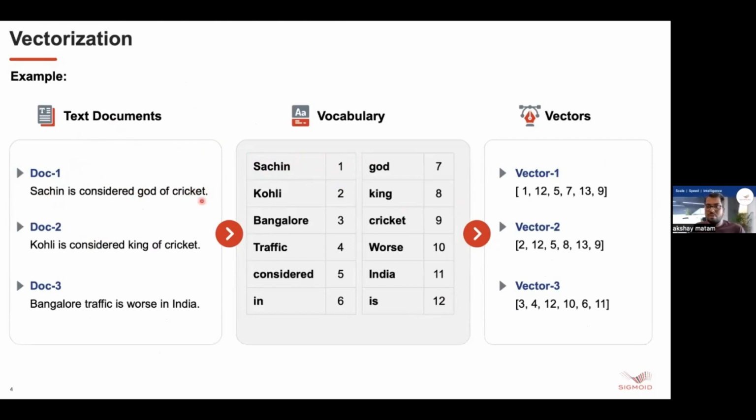If you observe here, like Sachin is considered god of cricket, we have taken three documents and created a vocabulary out of it, similar to a dictionary, and assigned each keyword a number and represented the sentence in the format of numbers. Sachin is 1, is is 12, considered is 5. Similarly, we have represented all the documents.